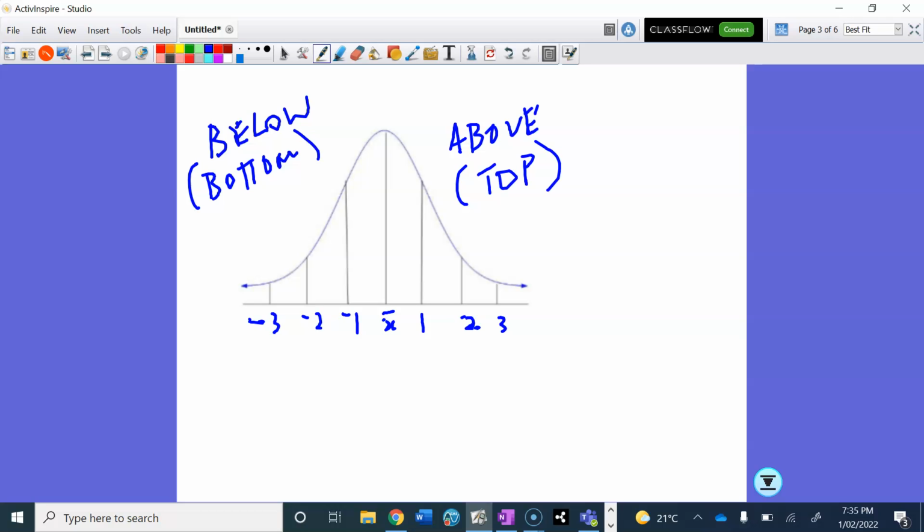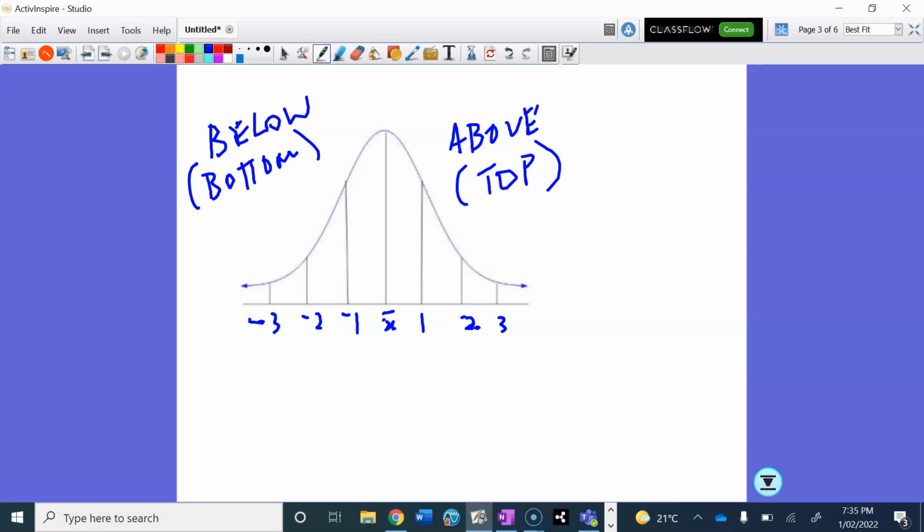So for example, in a test, SAC scores or something like that, if we say it's normally distributed, the mean SAC score sits in the middle of this graph, and all the students that are above average go to the right-hand side of the graph, all of the students that are below average go to the left-hand side. And because of the nature of the distribution of this data, we can pick out percentages that would fall in which sections of the graph.